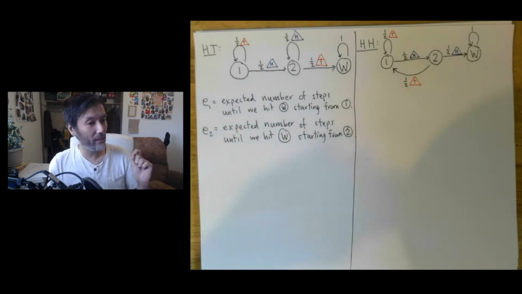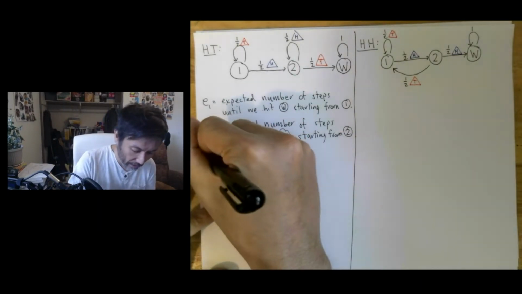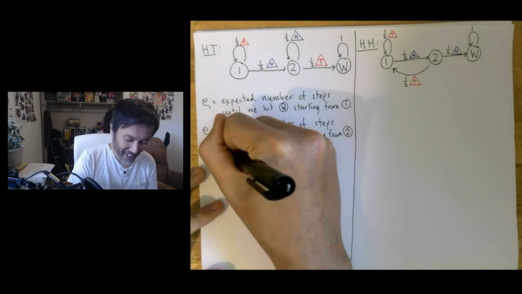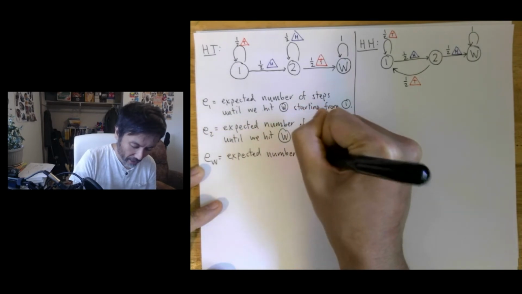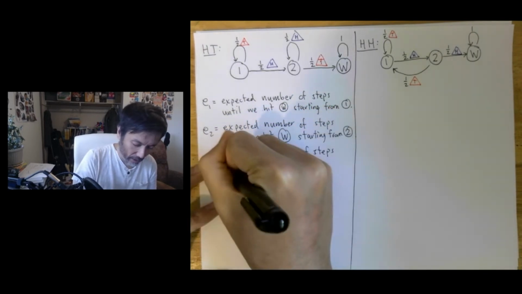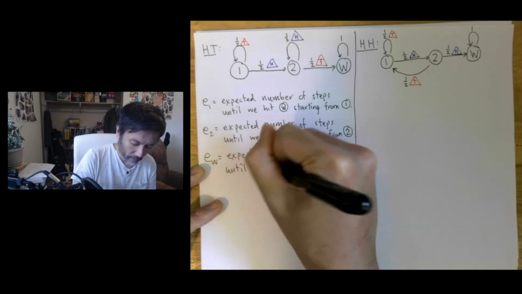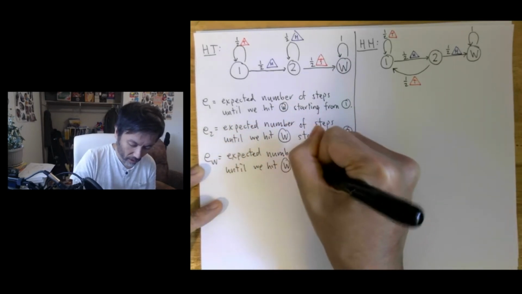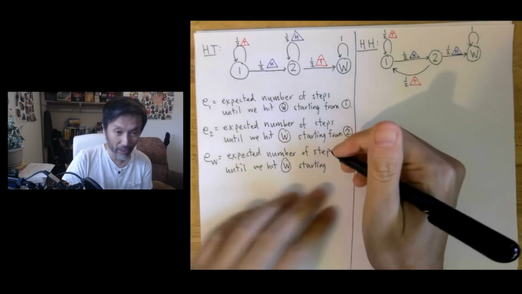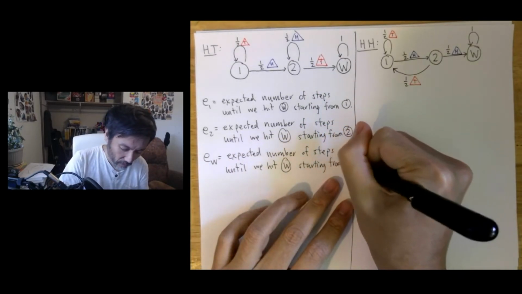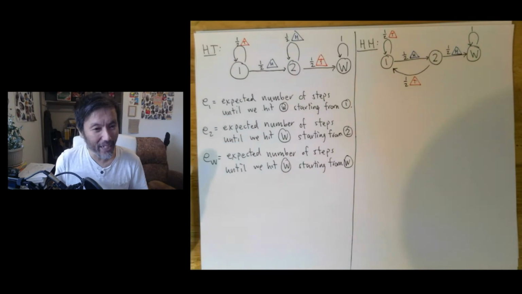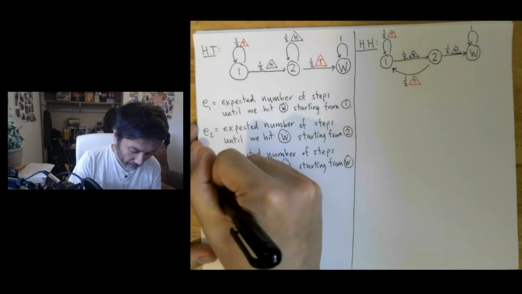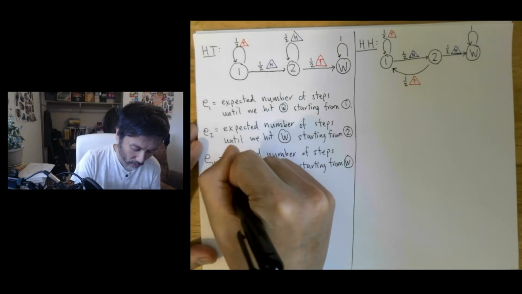And just for completeness sake, we're also going to define E sub W to be the expected number of steps until we hit W, starting, and this is a little silly, from W. All right. Because we can see right off the bat what EW is. We don't even have to think. EW is 0, right? So in fact, we know that EW is 0. So maybe let's do some calculations down here.